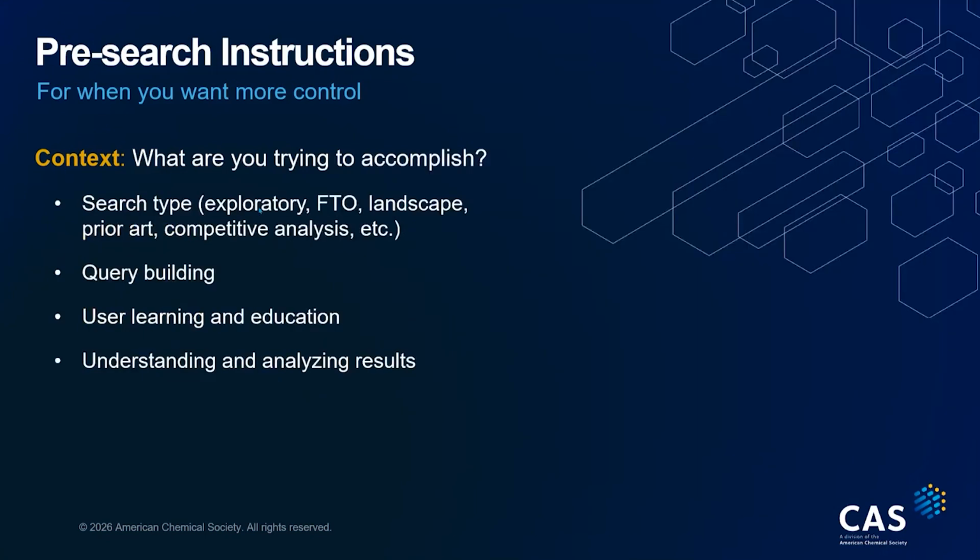What kind of thing are we doing? A lot of times, when we talk about databases, this might be exploratory. I'm a prior art person. But consider if you've already run a search, you might be looking for more art because you didn't find it in a place. So if I haven't found much in my prior art search, I might be trying to accomplish going to other databases because I didn't find anything. I need better answers. It can help you build a query. So once again, to the question that's in the chat, absolutely ask it to help you build a query.